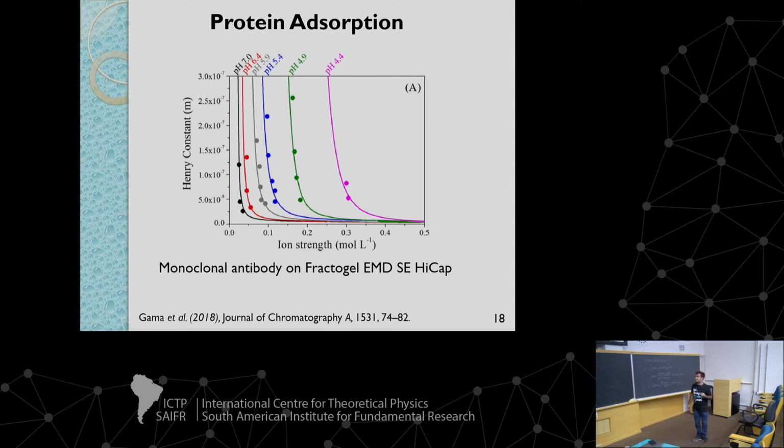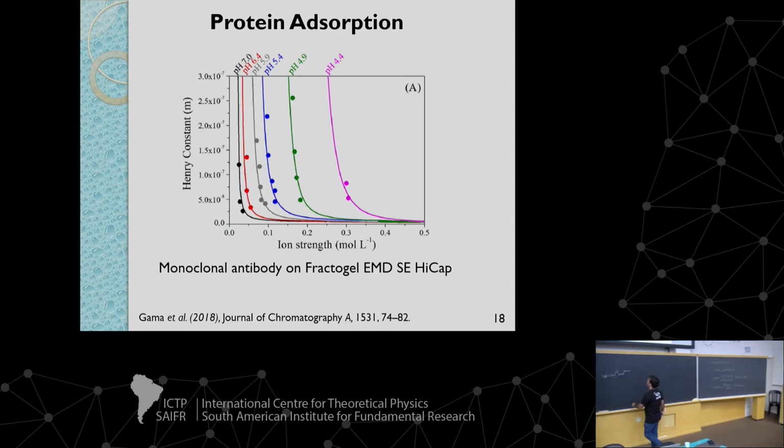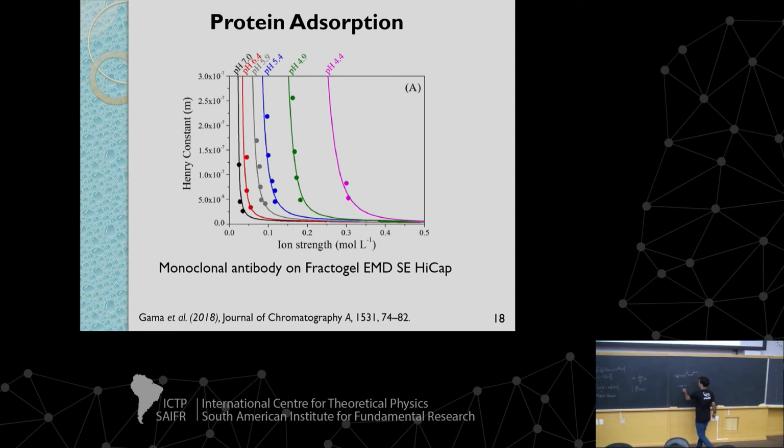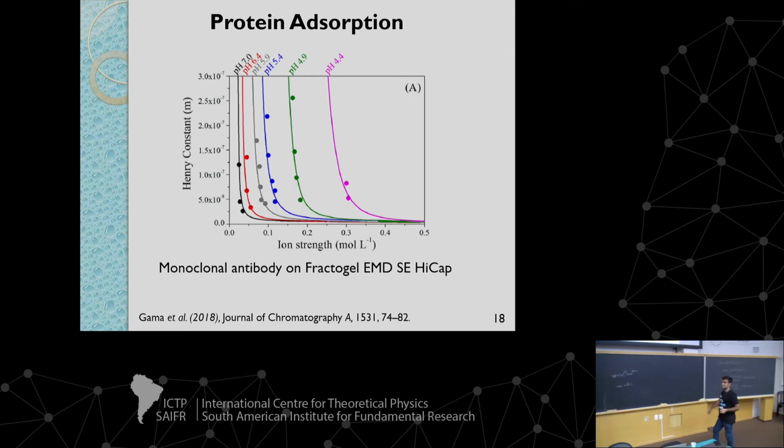Okay, it's a predictive theory, and here we have the results of the Henry constant. It is the constant of the linear equation of state. If you consider, for example, that the adsorbed quantity is equal to the Henry constant times the concentration, it's a linear isotherm.